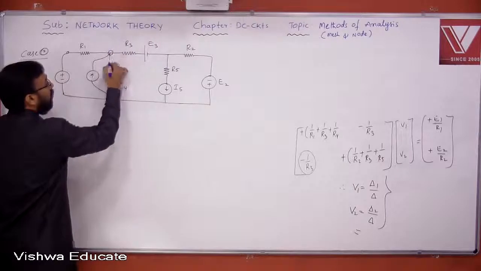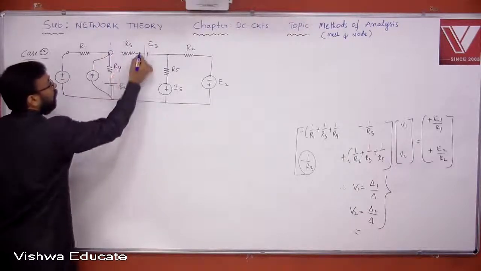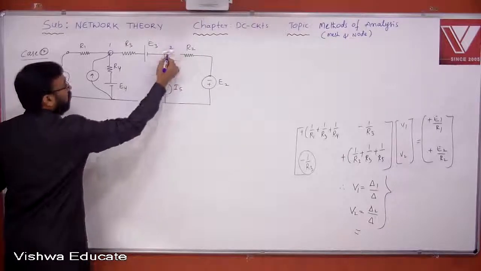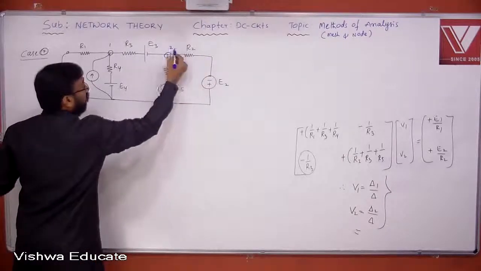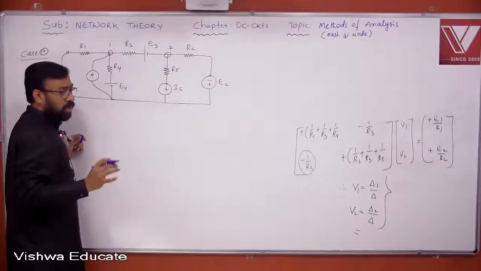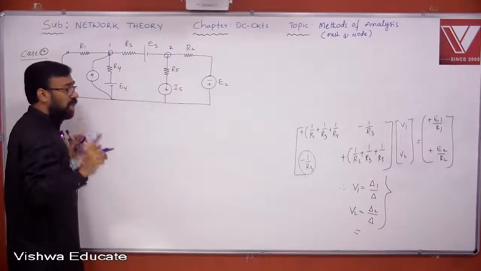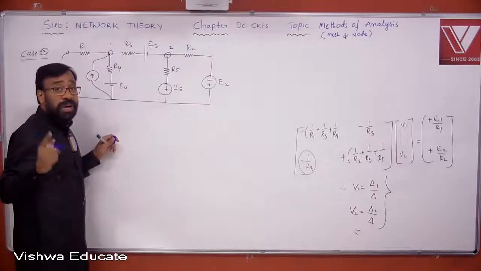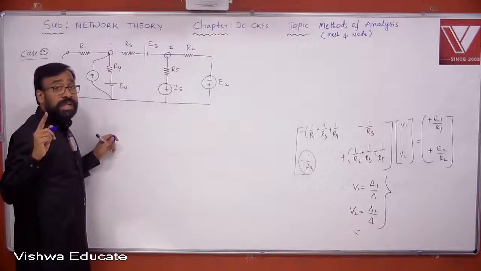Degree 1, 2, 3, 4. Yes, there is a node. We need to have a node variable here. This will become a principal node. So what is the principal node in our node analysis? A node with minimum degree 3.